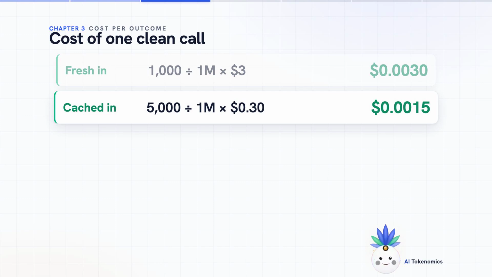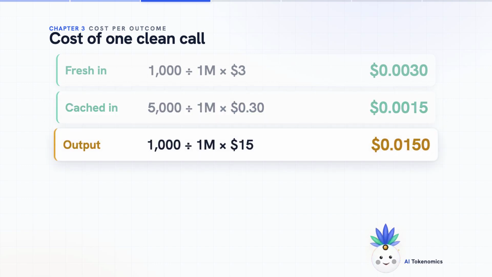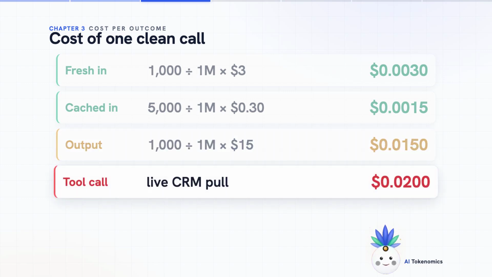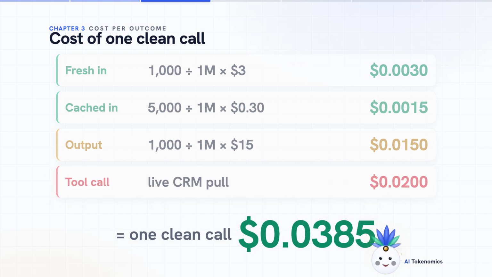Cached input, 5,000 over a million, times 30 cents, 1/1500ths of a cent. Basically nothing, because the cache made it 10 times cheaper. Output, 1,000 over a million, times $15, 1.5 cents. The biggest line, as always. Then add the tool call, 2 cents. So one clean call comes to 3.85 cents.